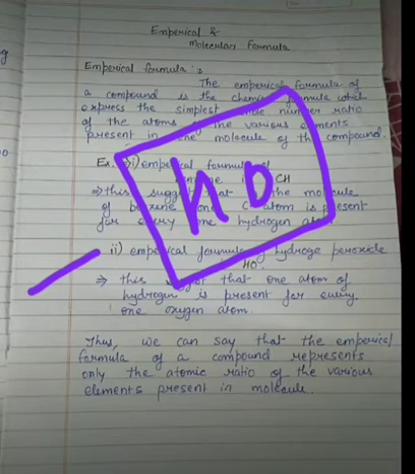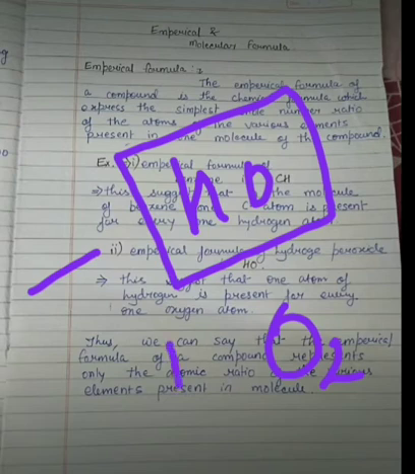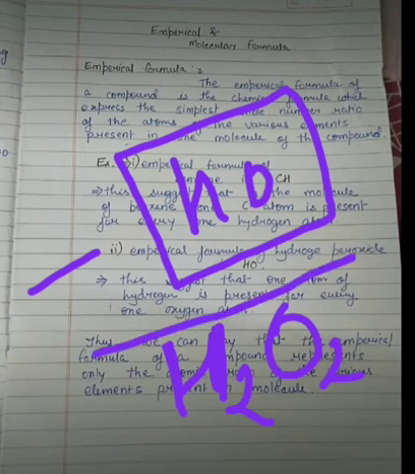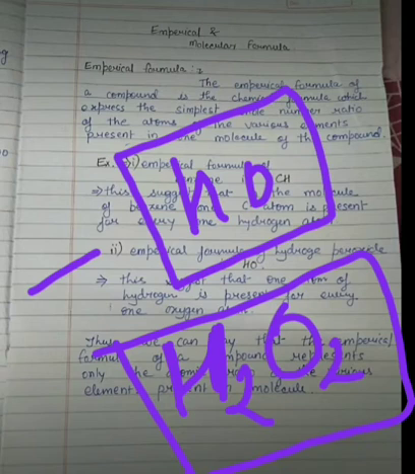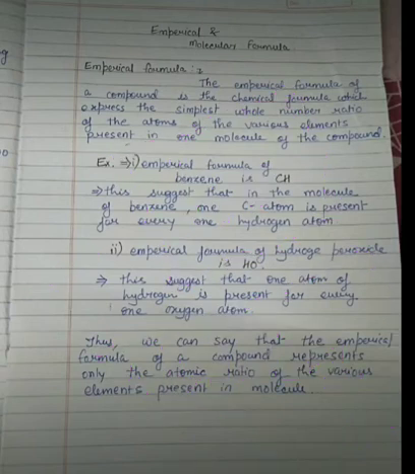So if you have calculated that in hydrogen peroxide there are 2 atoms of oxygen, you can easily conclude that the number of hydrogen atoms will also be 2. This is the molecular formula of hydrogen peroxide. Won't it be very easy?